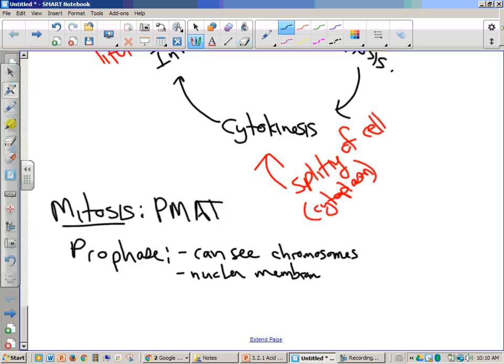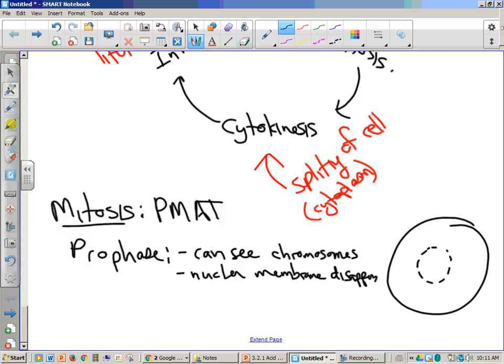And if I'm drawing a picture of that, circle, I'm going to draw the nucleus as if it's kind of a dashed thing because the edge of it is starting to disappear. And I'm going to draw all these squiggly lines in here because we can start to see the chromosomes, right? Where before you couldn't tell it. It was just a ball, right?